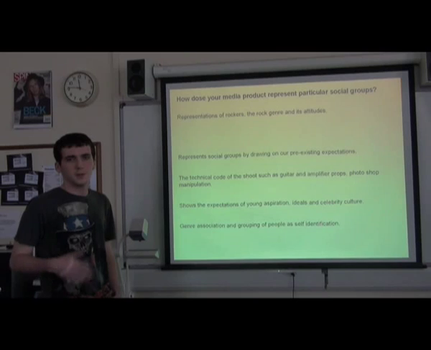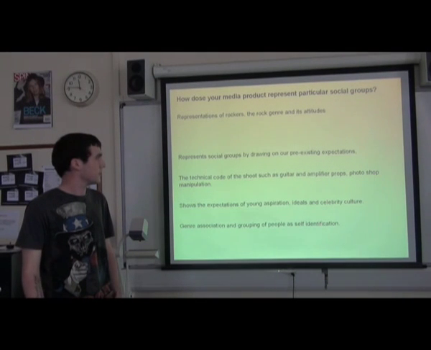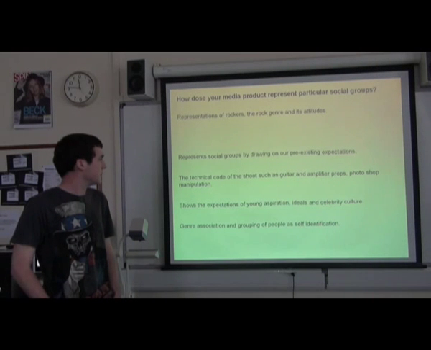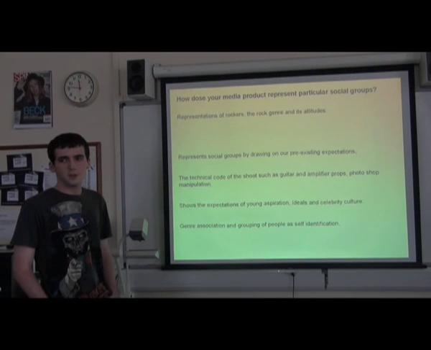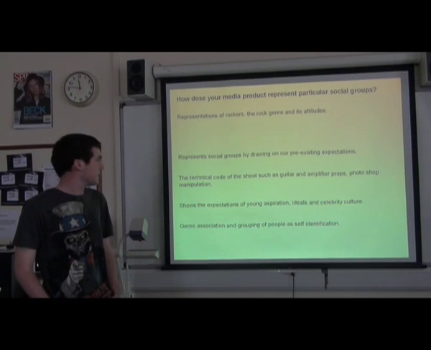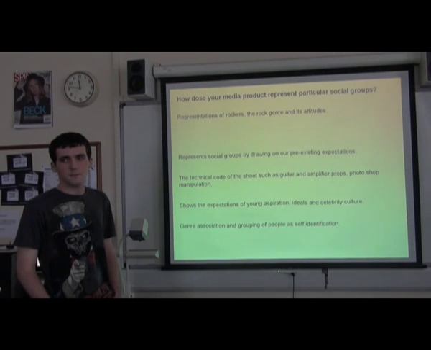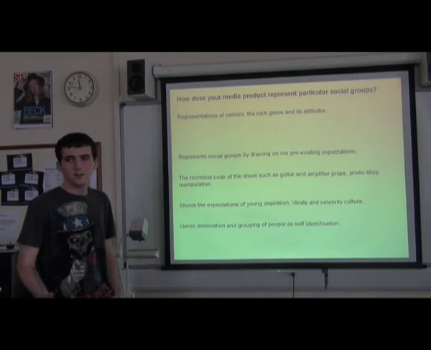So how we would expect a person whose lifestyle is to do with rock to dress, and what their attitudes are. Also through the technical code of the shoot, such as the props that were in the shot, the guitars and amplifiers and stuff, and the Photoshop manipulation as well, the effects and stuff to give it a dark, kind of grungy tone.